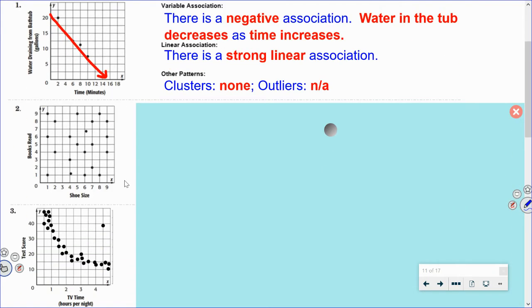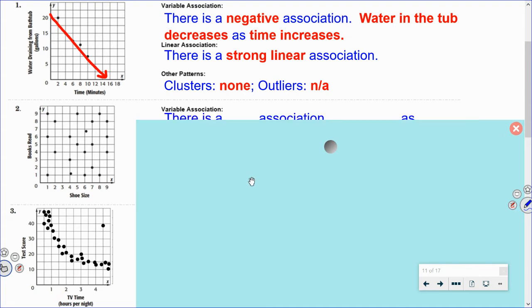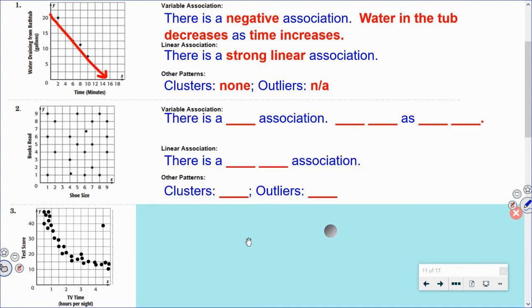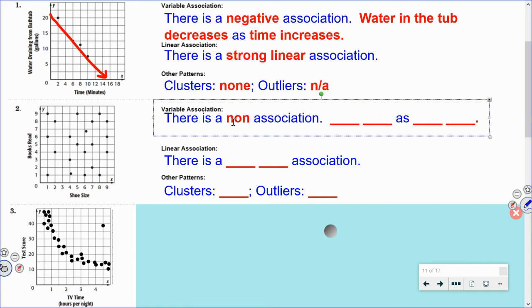Again, you can pause, you can rewind, you can fast forward, go for it. Here we go with the next one, ladies and gents. Here we're comparing the number of books read to a person's shoe size. Whoa, look at how spread out those dots are. I don't know about you. There is no association here that I'm seeing.